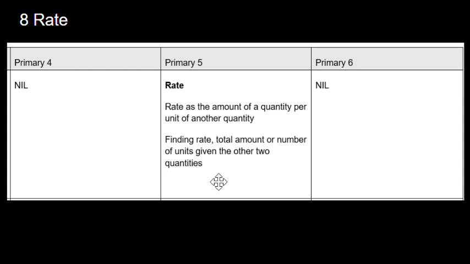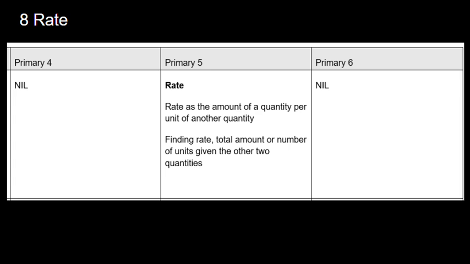If two of them paint the wall together, how much time will it take? You must be able to solve this type of problem. That is covered in P5. It's a small little topic taught in P5, and in P6 they will just test it together in the PSLE itself.